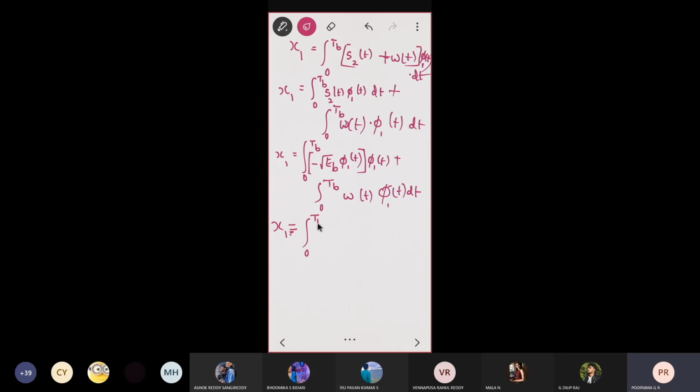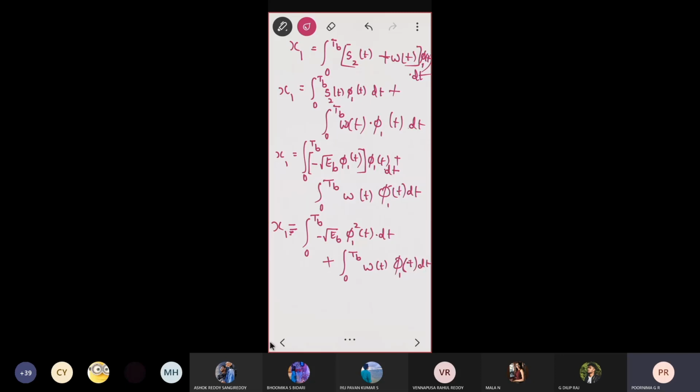Integral from 0 to Tb of minus root Eb into phi 1 square of t into dt, plus integral from 0 to Tb of w of t phi 1 of t into dt.